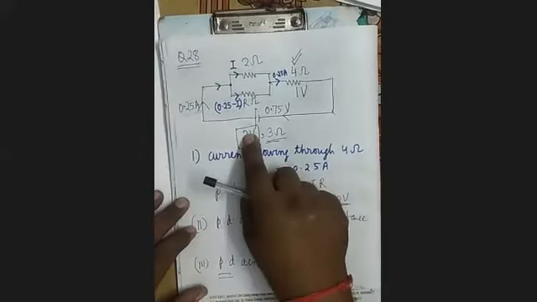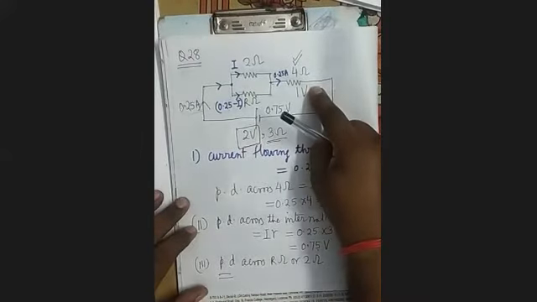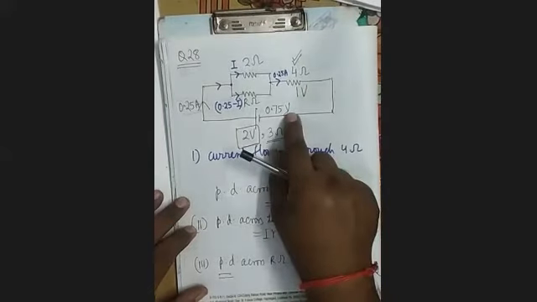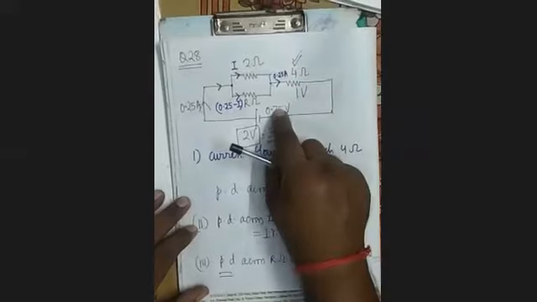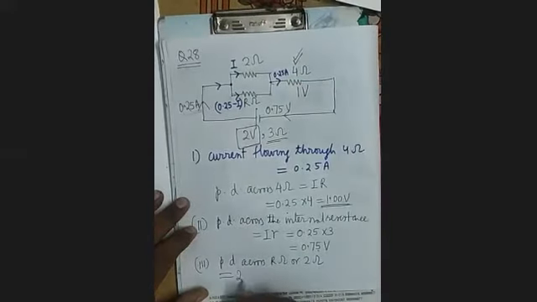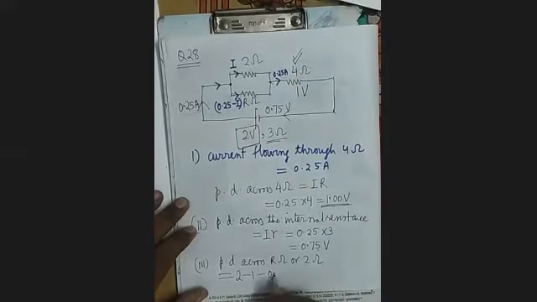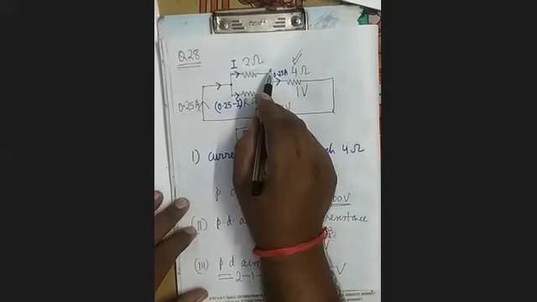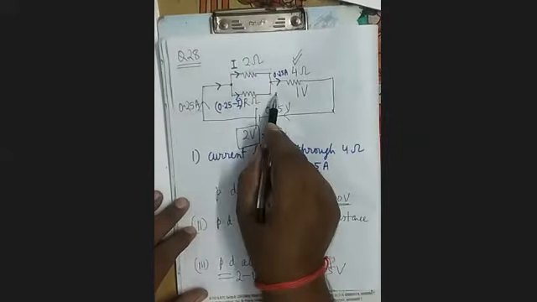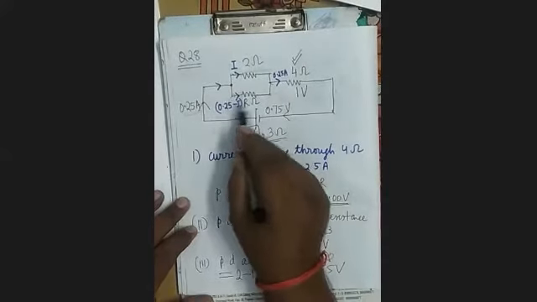Out of 2 volt, 1 volt dropped here, 0.75 volt dropped here. So how much is left? 2 minus 1 minus 0.75, that is 0.25 volt. Means the potential difference here is 0.25 volt, and here also 0.25 volt.